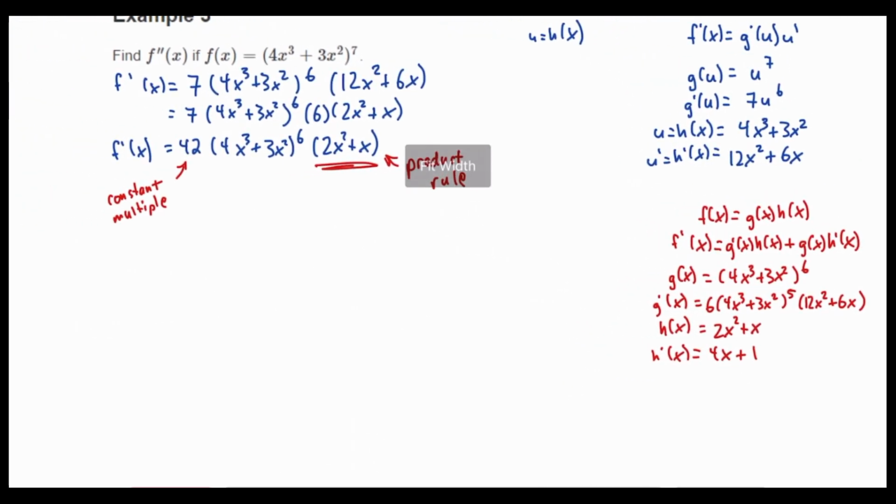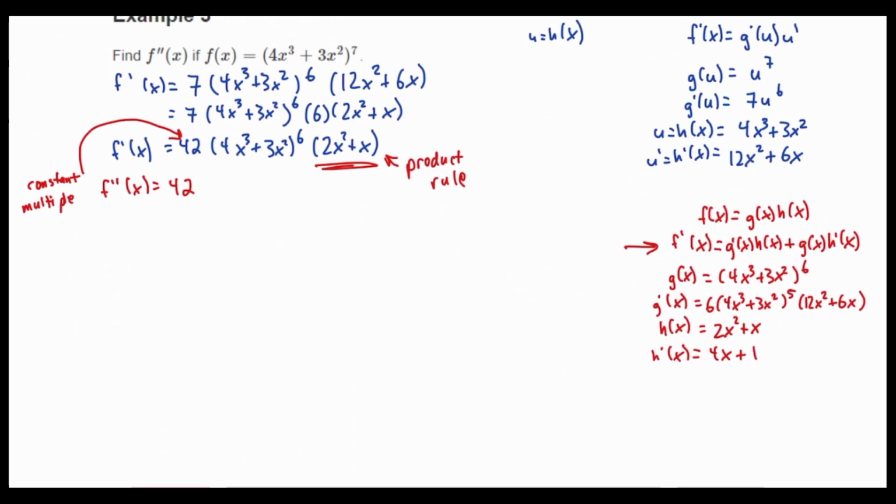So let's put our pieces together using our product rule as a guide. Our constant multiple, I'm actually going to move my label here for a moment so I have a little more room to work. So our constant multiple is just hanging out here at the front. So f double prime x equals 42 is just going to hang out in front. And once again, we're using product rule.